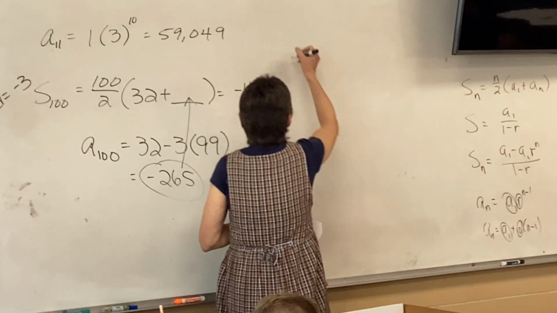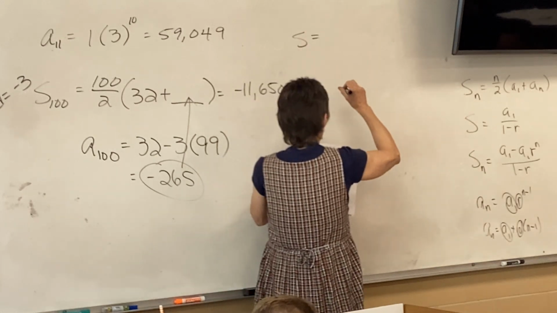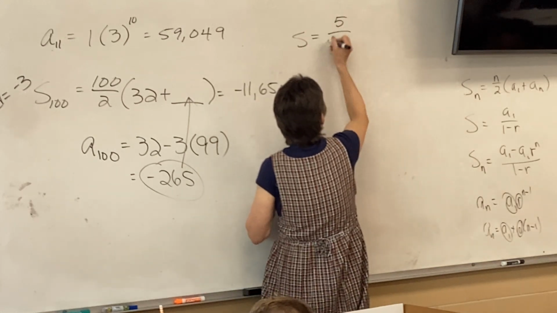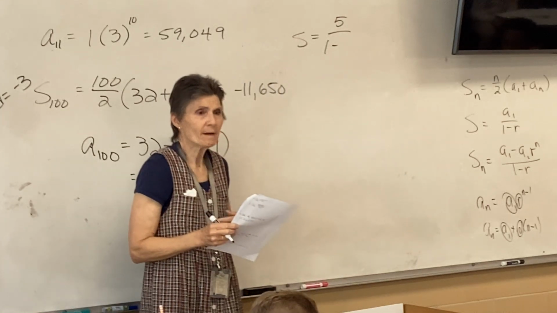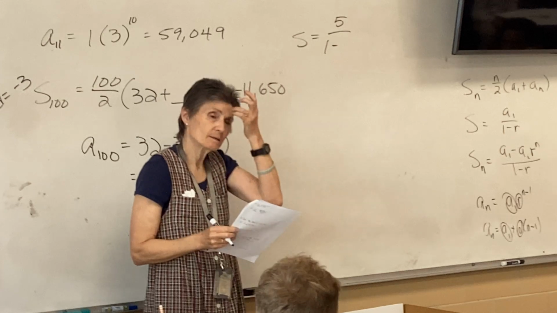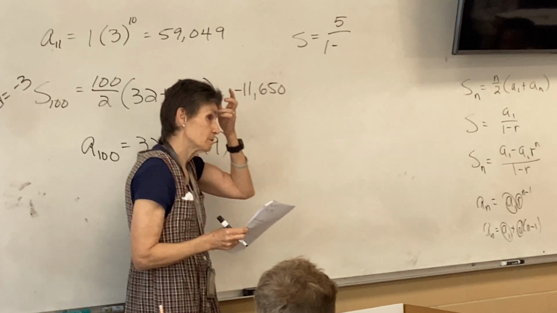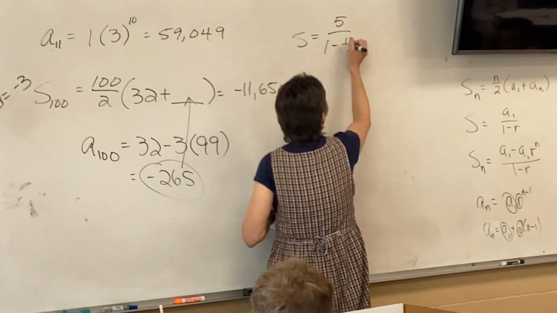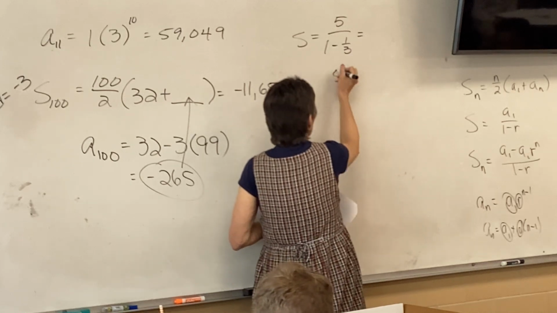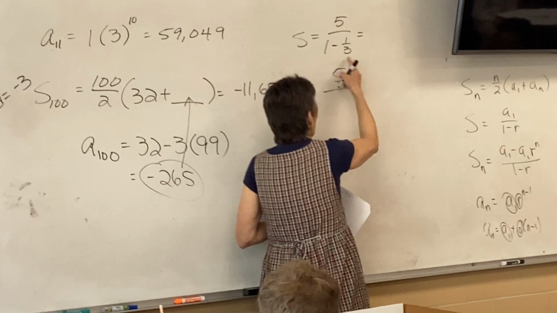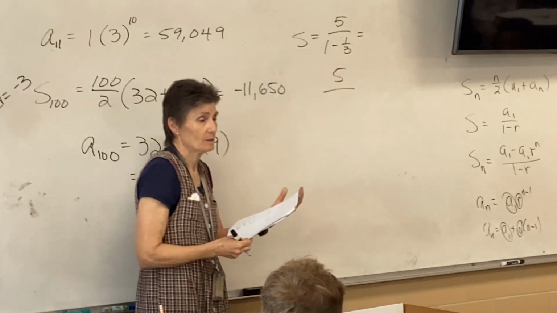So, here we go. S equals, first term is 5. What is my ratio? What am I multiplying by? 1/3. So I have 5. What is 1 minus 1/3?